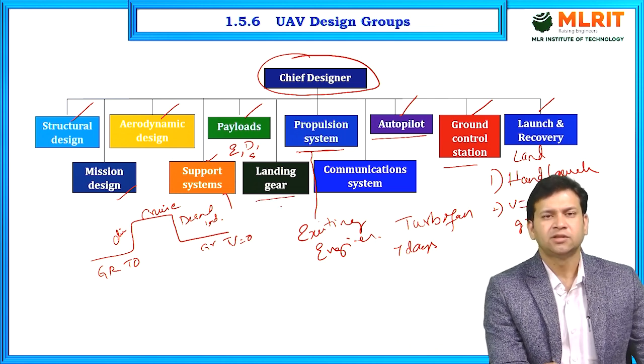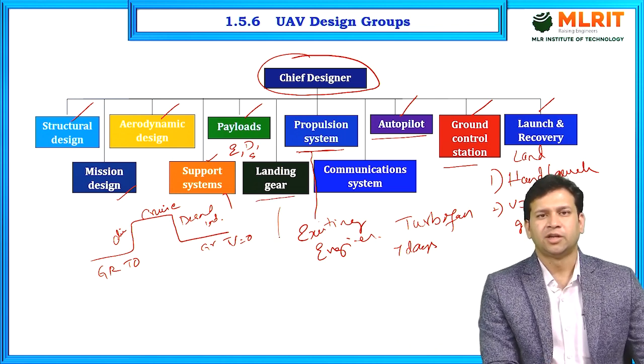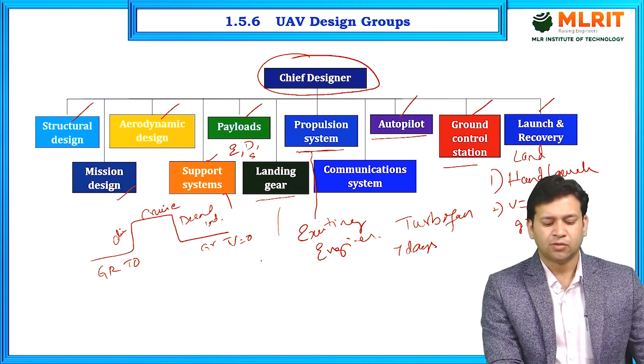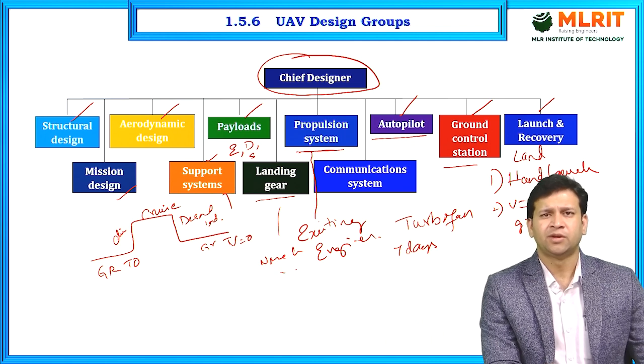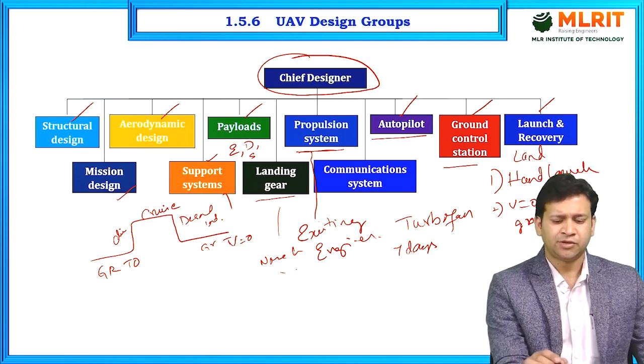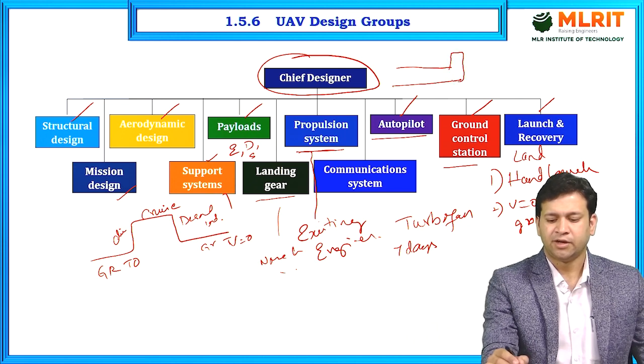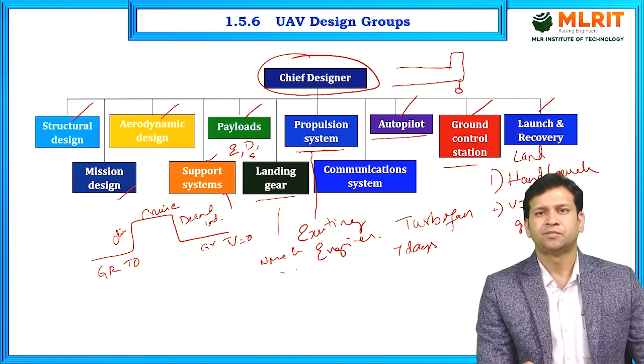Then landing gears, depending upon the mission requirements, they will be choosing the landing gear. They'll have nose landing gear, main landing gear, or some UAVs will have a tail dragger type, which will be looking like this. Suppose this is your unmanned air vehicle, so they'll have a tail dragger here.